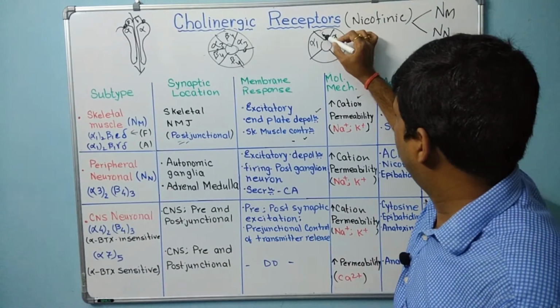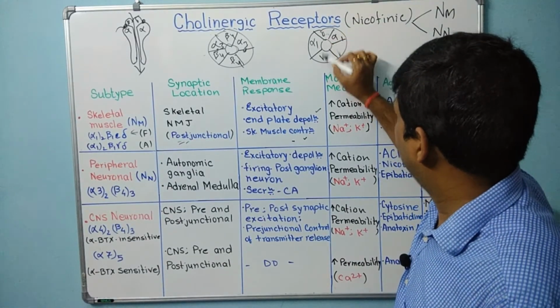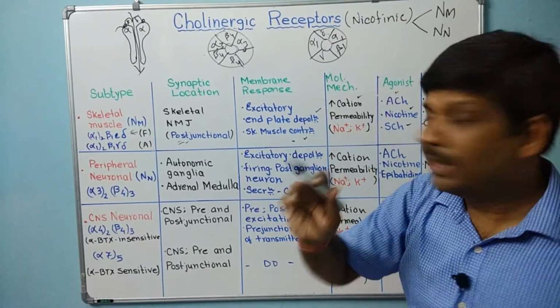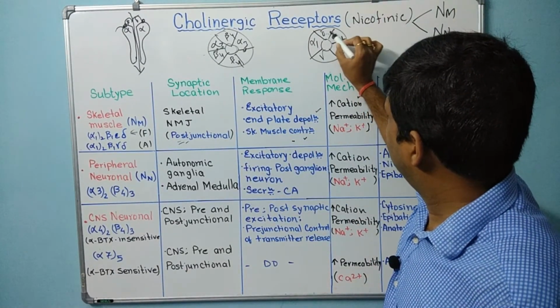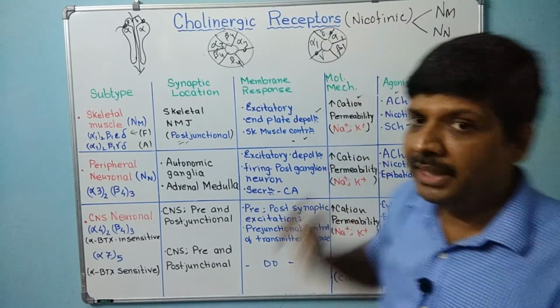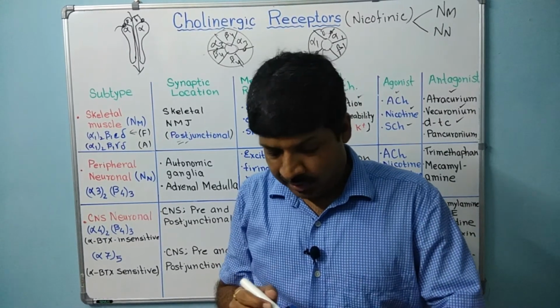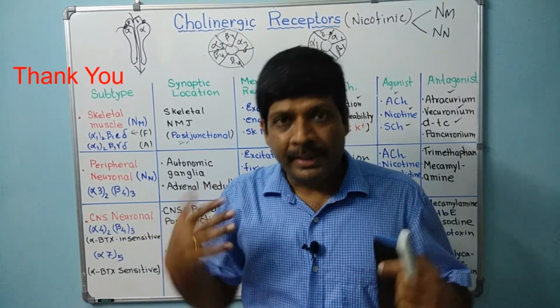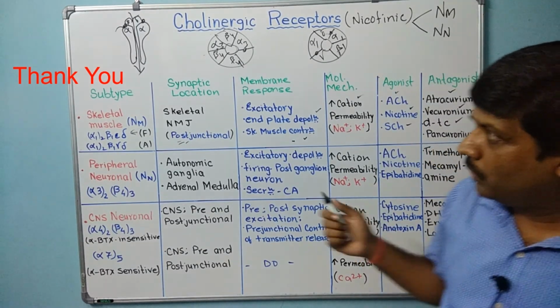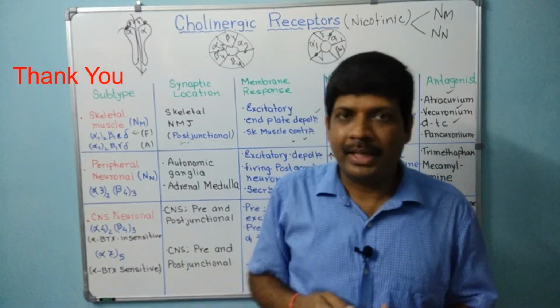We have gamma, delta here, gamma here, and beta here, beta 1. So the ligand will bind onto this interface and onto this interface, the alpha and gamma interface and the alpha and delta interface. So this is how the configuration of the nicotinic receptor is organized. So this was all about the nicotinic receptor.